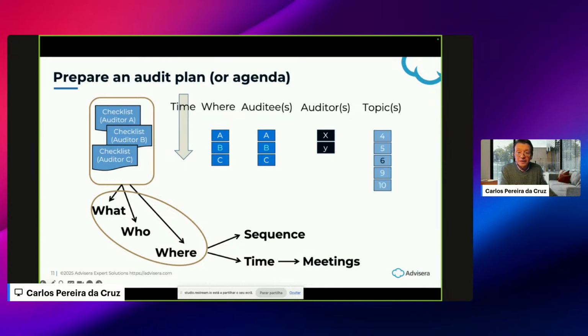And what topics? Again, clauses, or processes, or assets, or departments, or areas. So this can be combined in an audit plan, and the lead auditor sends this to the auditees to get their approval.